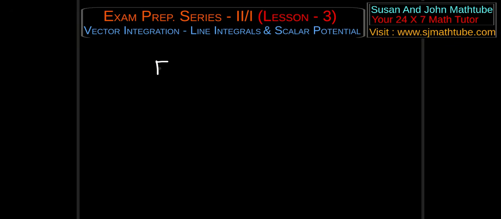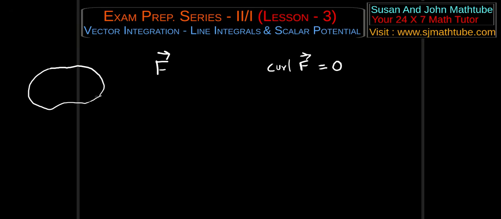So we start with a vector function f. Point number 1, you find curl f, and if you get curl f equal to 0, then you must understand that work done is independent of the path. You can find the proof in your books, and in later videos we'll prove it.